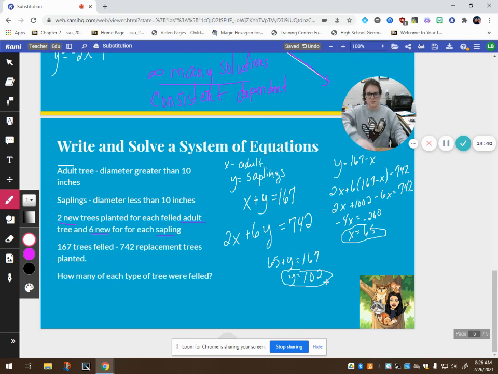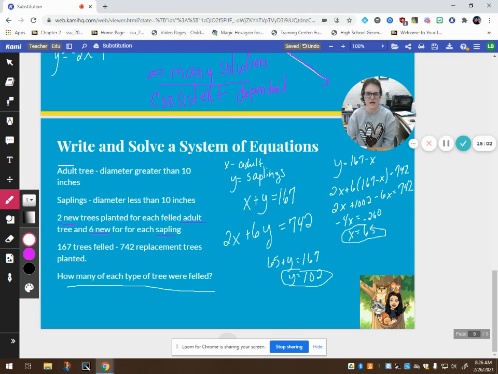And I always tell my son, when it asks a question, you are to answer with a complete sentence. So how many of each type of tree were felled? There were 65 adult trees felled and 102 saplings. When you write out your answers, always begin with capital letters. Use punctuation.